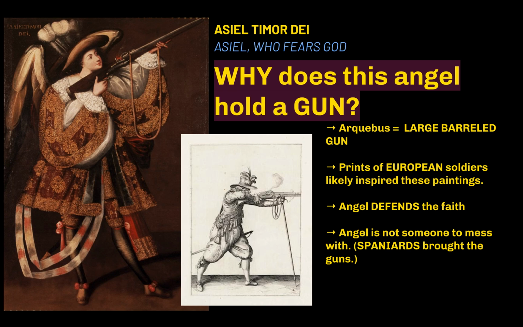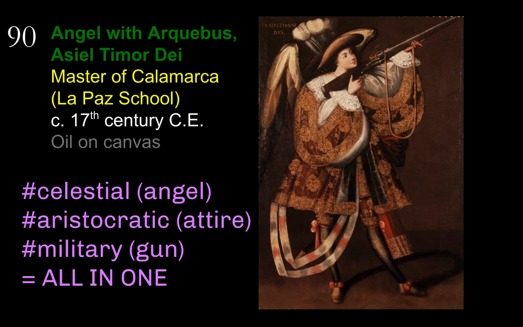The angel is not someone that you mess with. The angel represents an angel, so that's a celestial being, a nobleman, someone of wealthy, noble status, and a military person, a person with a gun. So putting this all together, this is an image that would have commanded respect, that would have showcased an angel literally defending the faith.